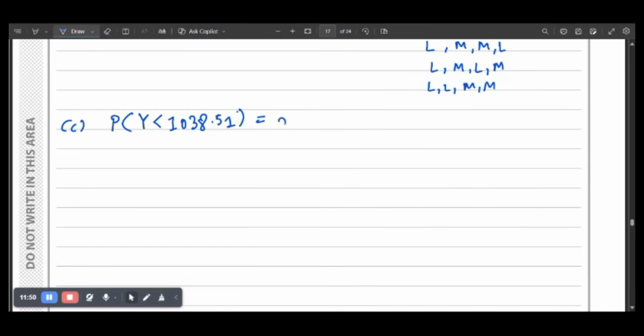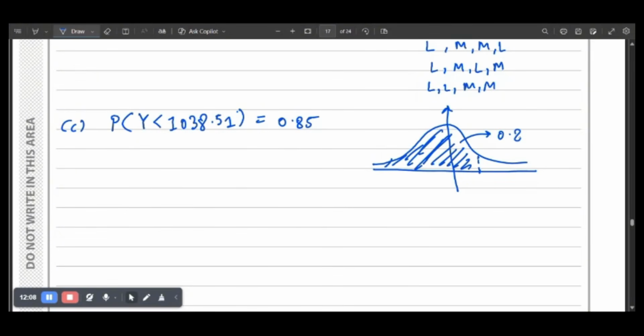This gives us a probability of 0.85. It can be represented like this in the distribution. A value here gives us the total probability. The area of the graph is 0.85.